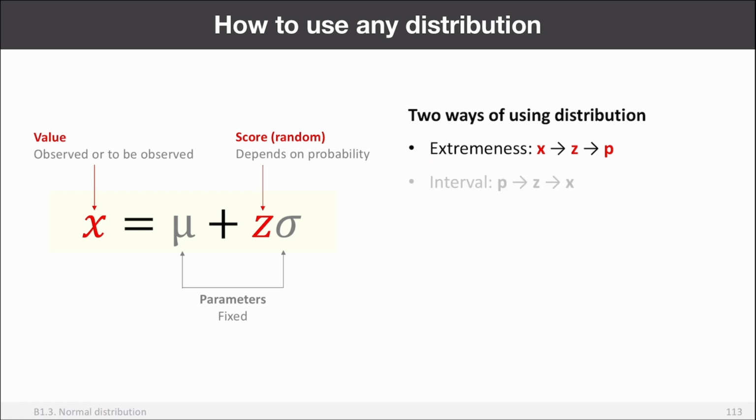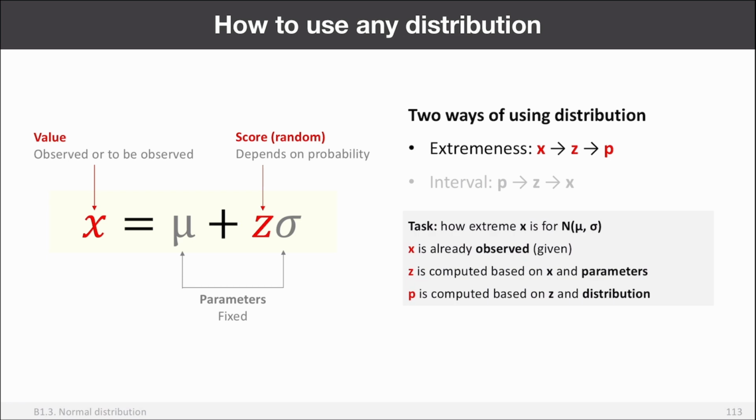So let's start with extremeness, right? In extremeness, you take a value, then you compute the z-score based on this value, and then you compute a probability based on the z-score. So this is the direction of the computations, right? What it means is that x is already observed, given, measured, whatever.